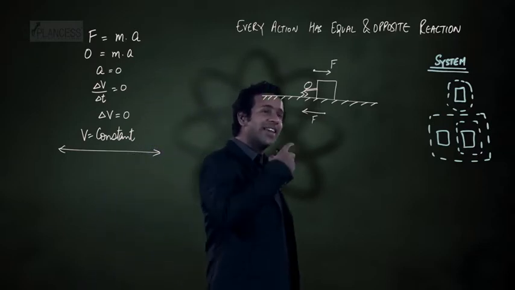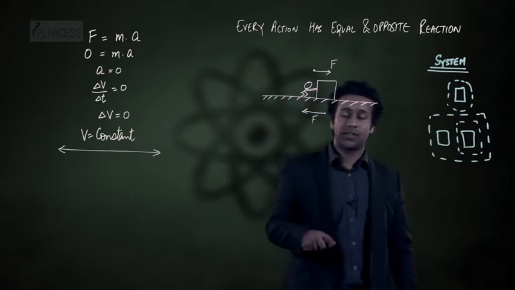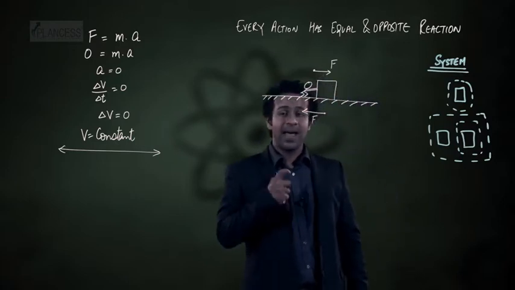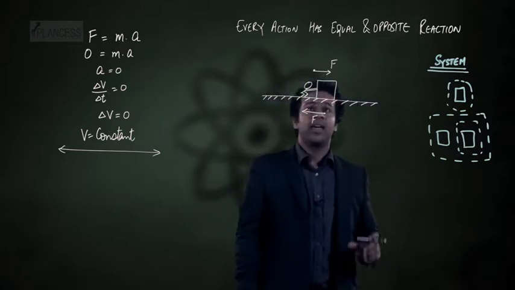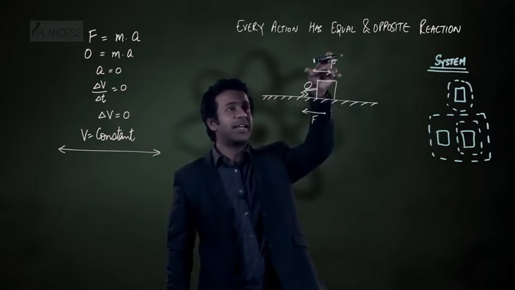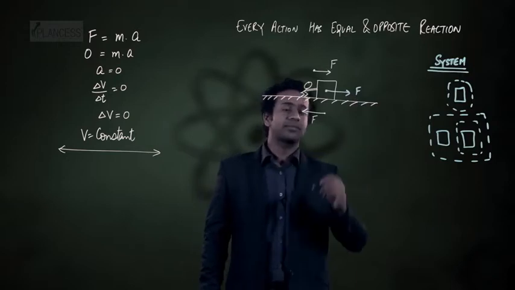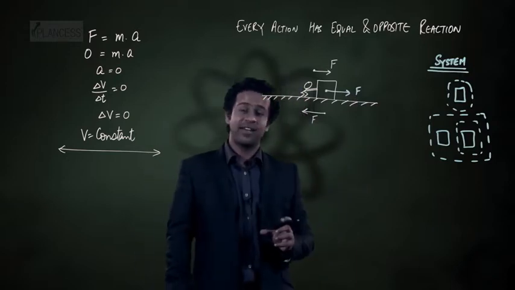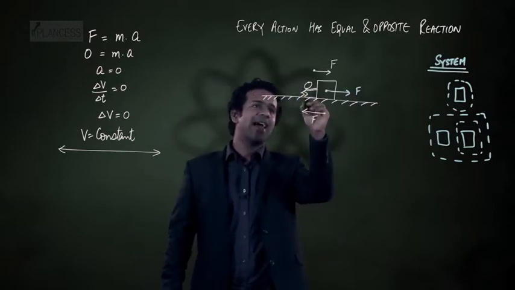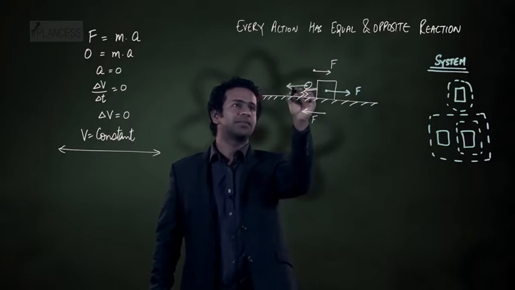So like in this case, there are two forces, but both of them act on different bodies. This force F, which is being applied by the man, acts on the block. This other force F, which is being offered by the block, acts on this person.